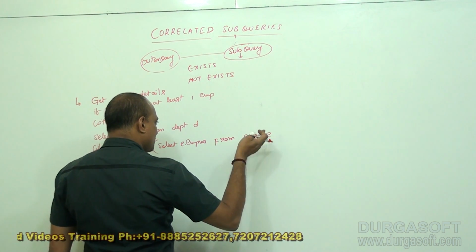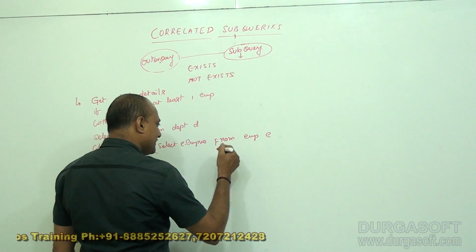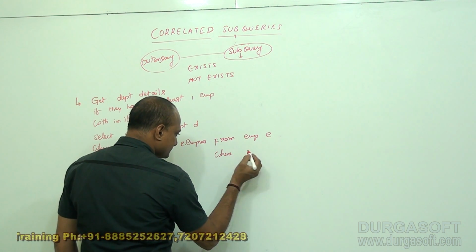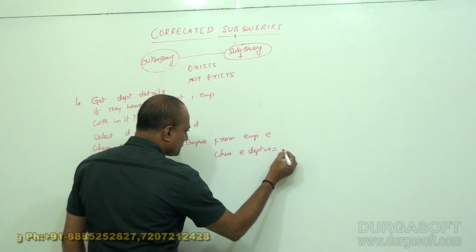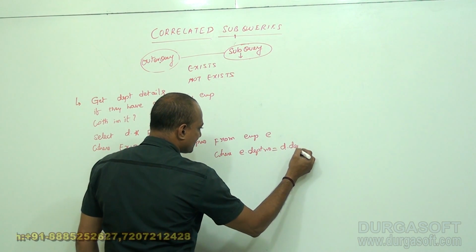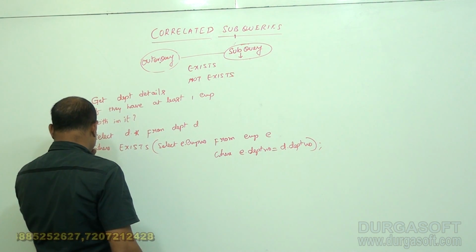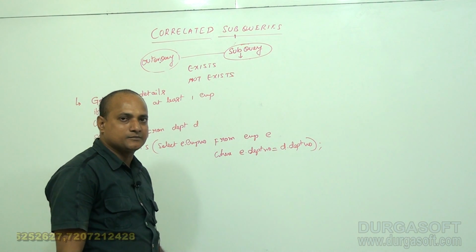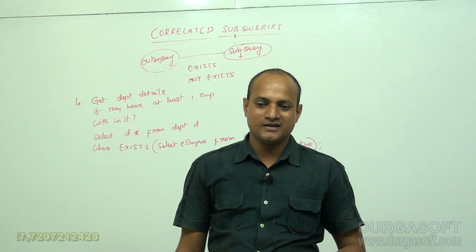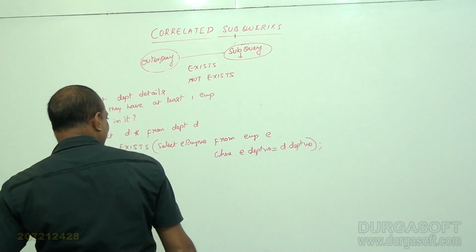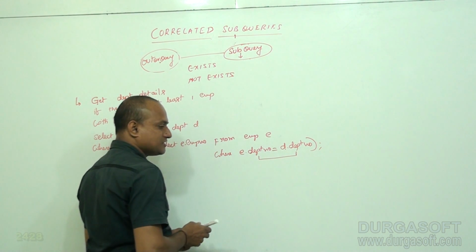If the employee works in the particular department, then the employee's department number should be equal to the department's department number. Observe the query carefully, this is a join condition.